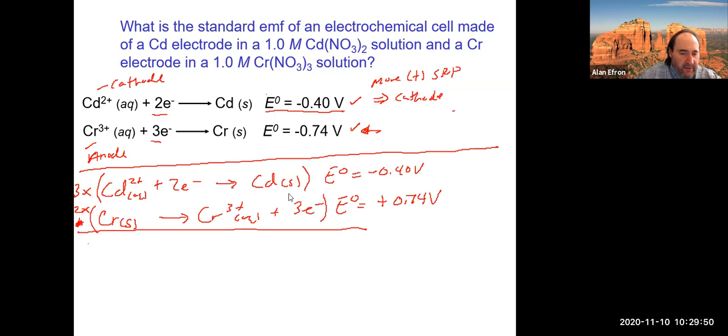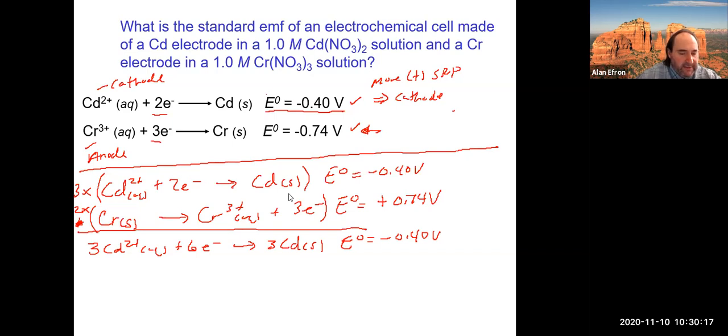So rewriting it one more time here, 3 of our cadmiums with a +2 charge plus 6 electrons goes to 3 cadmiums as a solid there. And our E value here does not change, even though we multiplied by a common number of 3. It has no effect on the E value, which is something a little bit different than normal things we've seen.